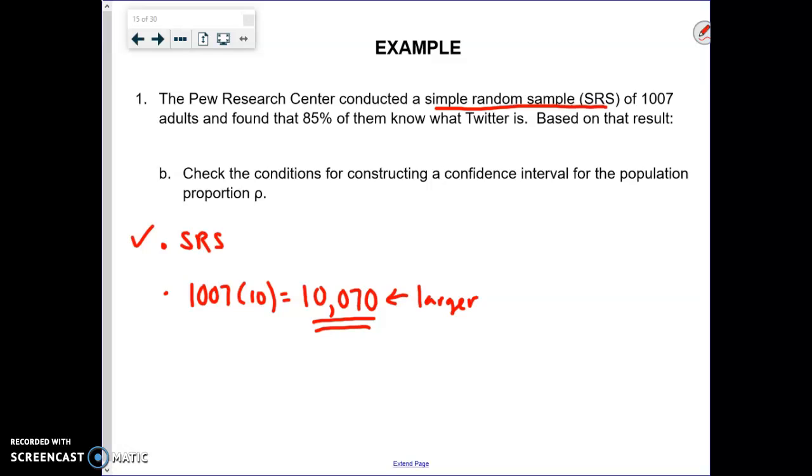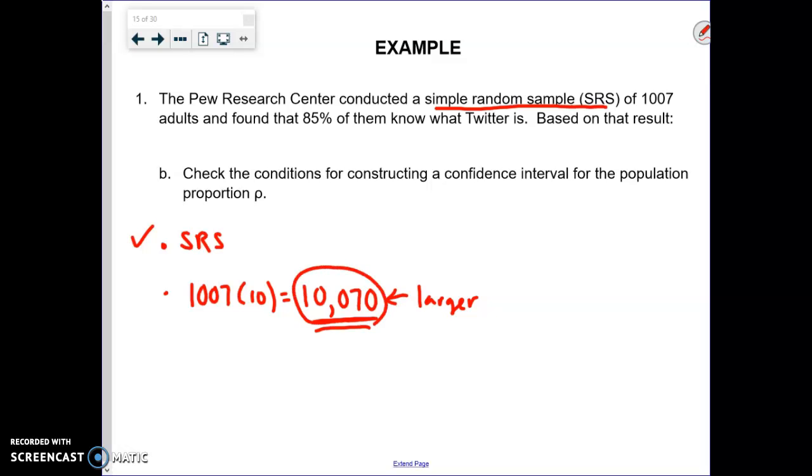Again, we don't know what population they're actually sampling from. Is it a state? Is it a town? Is it U.S. adults? But we're assuming that the population is probably larger than 10,070.